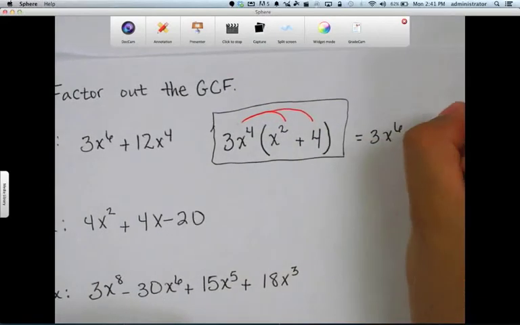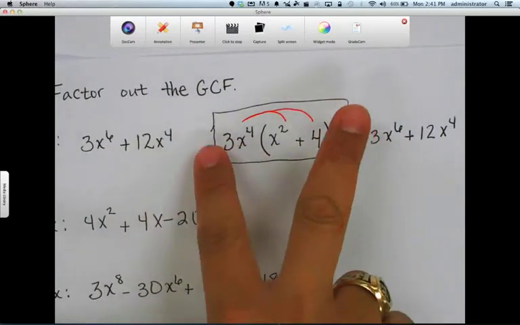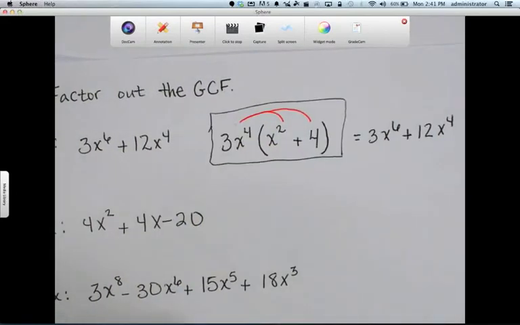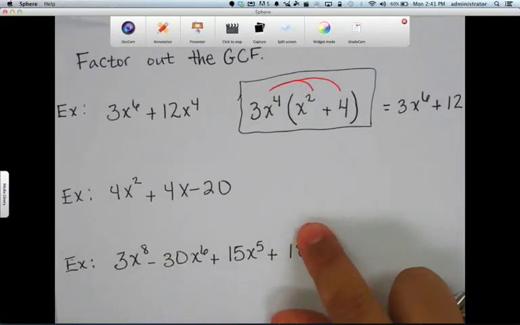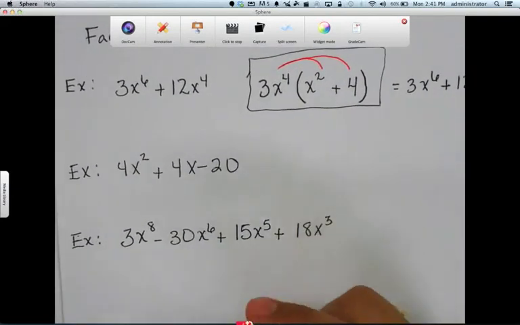So this is what we started off with and what we get when we do the distribution through the GCF. So pretty easy. Let's take a look at the next couple of examples here, and we should see how it works relatively the same.